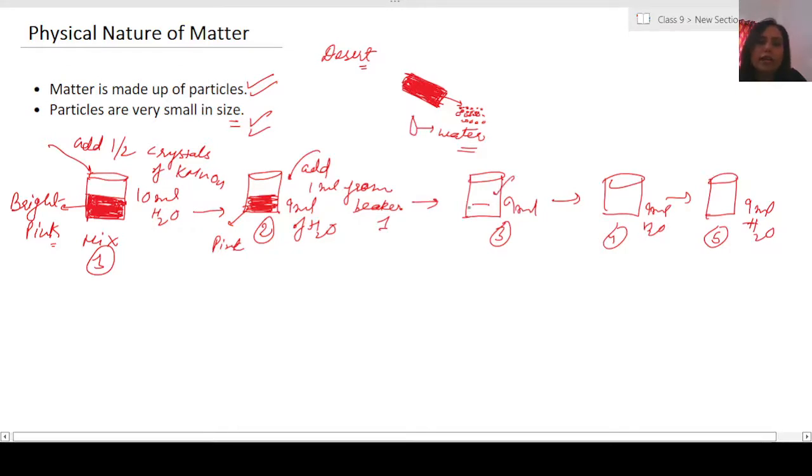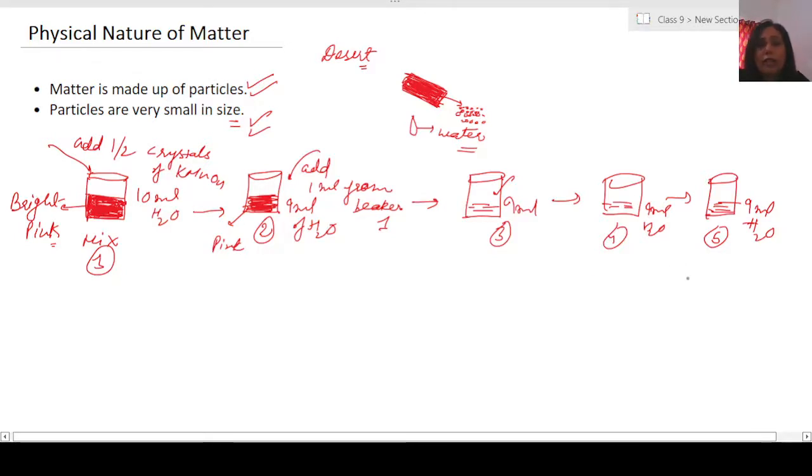You will see that the pink color is still there, although the brightness of the pink will keep on decreasing. The brightness will be low, but the overall color will be pink again.